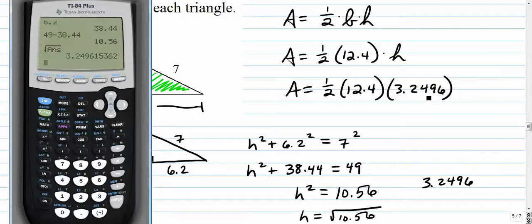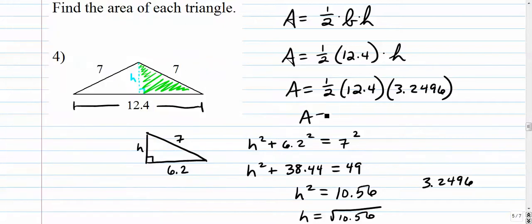We multiply that number times 1/2 times 12.4, and that'll give you your area, 20.148. We don't have any units, so we'll just say it's units squared. And that's it. To get that answer, you have to do a little side work here, Pythagorean theorem. All right, moving along, number 5.